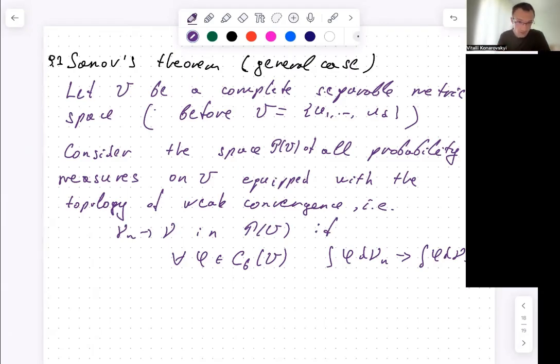So actually, one can define a metric on the space P(U), and this space will be a complete separable metric space. One can show that.